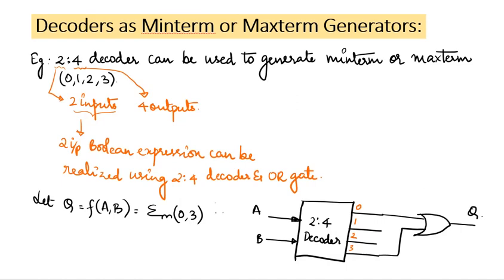Another advantage of using the decoder to realize the combinational functions is that the number of ICs needed is reduced.